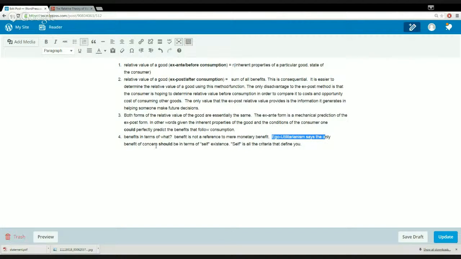Ego-utilitarianism says the only benefit of concern should be in terms of self-existence. And so self isn't limited to the physical body for ego-utilitarianism. And I have a specific, very abstract definition of self. Self is all the criteria that define you. It is actually your definition.